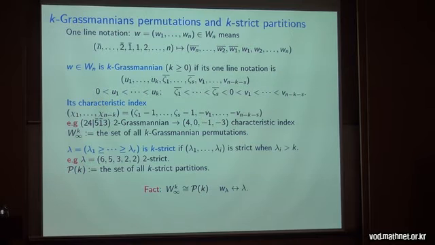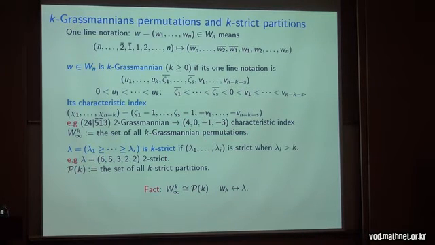Okay, and then there are some combinatorial objects. Lambda is a partition, a decreasing sequence, and it's called k-strict if it satisfies this condition. If lambda i is greater than k, then everything before that becomes a strict partition.